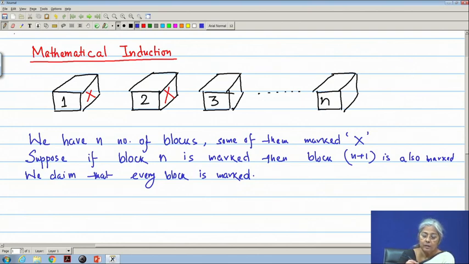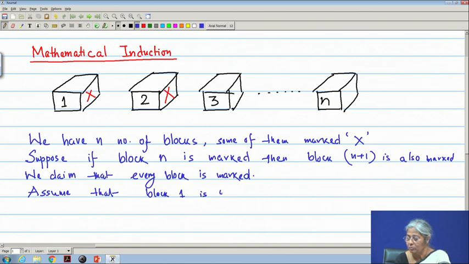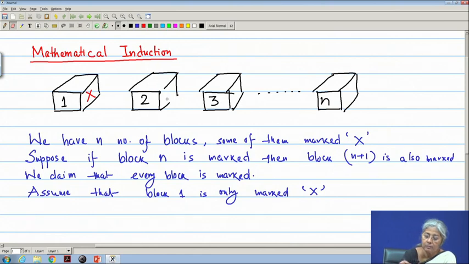First we assume that block 1 is only marked.